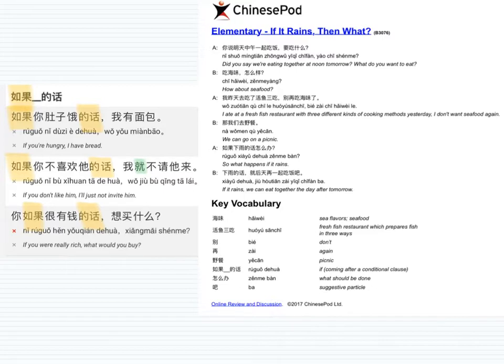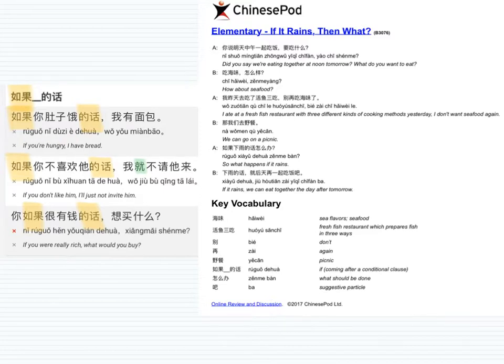If we look at the first sentence, 如果你肚子饿的话，我有面包。如果你肚子饿, 肚子 is your stomach. 肚子饿, we're very familiar, is hungry. It's been translated here as not if your stomach is hungry, but if you're hungry. So that's our way of saying, I'm hungry.